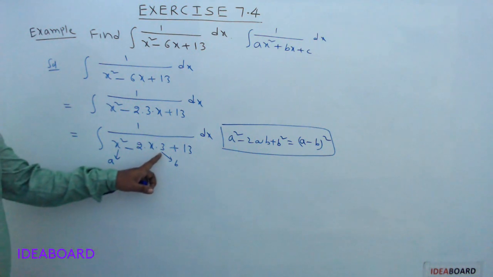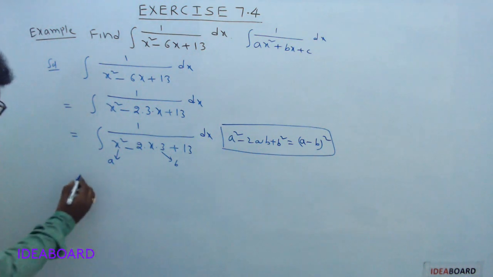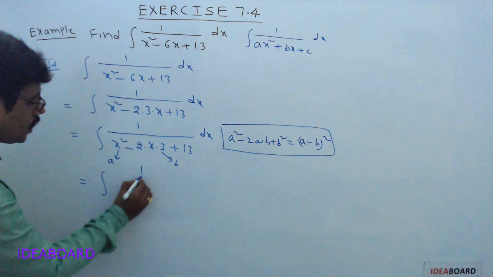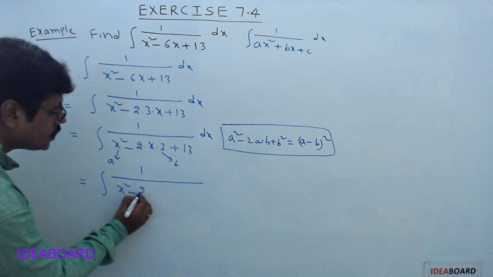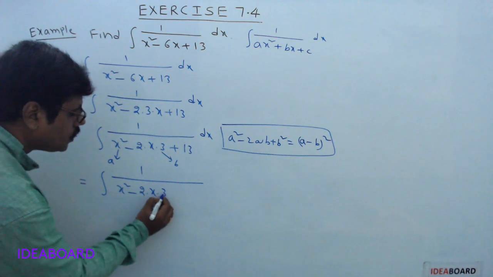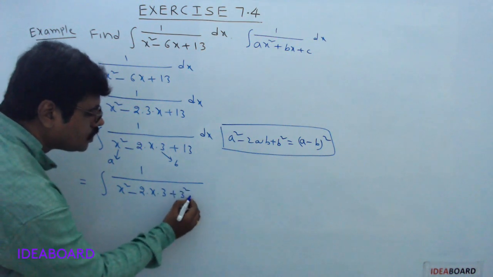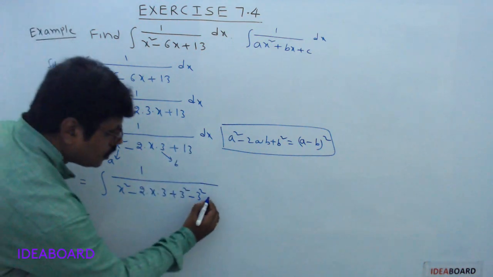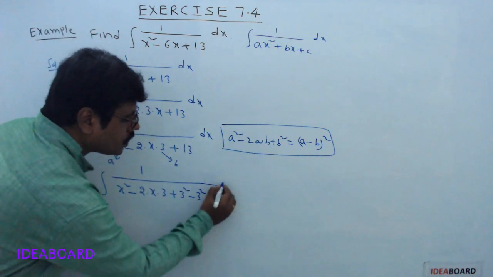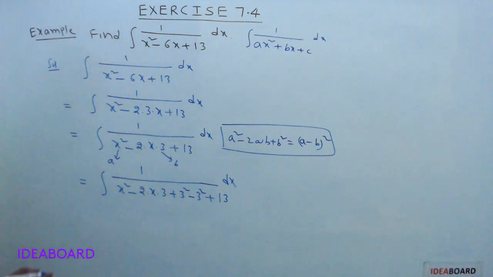So adding and subtracting 3 square, now this is integral 1 divided by x square minus 2 into x into 3 plus 3 square minus 3 square. What is the constant term in the previous expression? Plus 13 dx.